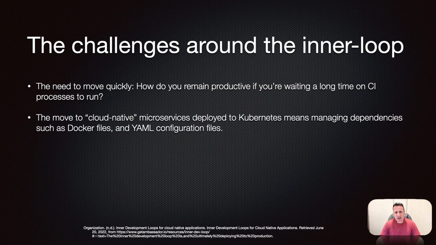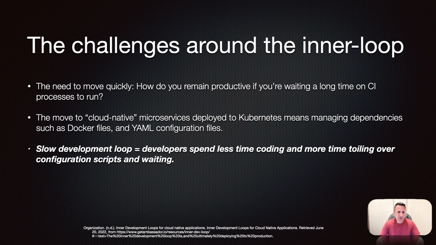And we've seen in the last, say, 5 to 8 years, a big shift in development to cloud native microservices that are deployed to scale out systems such as Kubernetes. And that means managing dependencies such as Docker files and YAML configuration files.